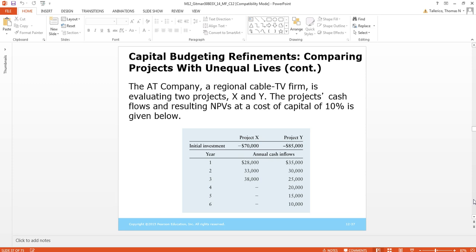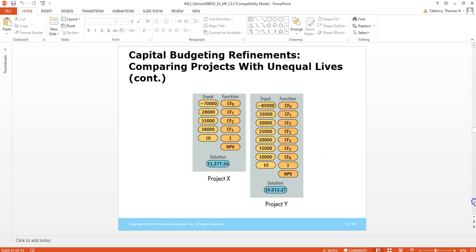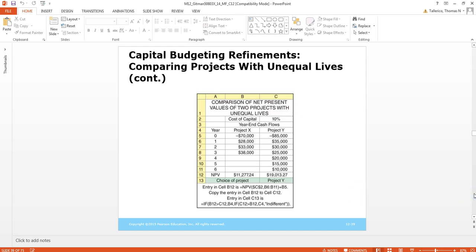All right, so here's a typical example of that. Here's a company that has two projects, and you notice that project X is only 3 years and project Y is 6 years. Here are the initial cash flows, and here's how we would do this in a financial calculator to calculate the net present value. You'll notice this has a higher net present value.